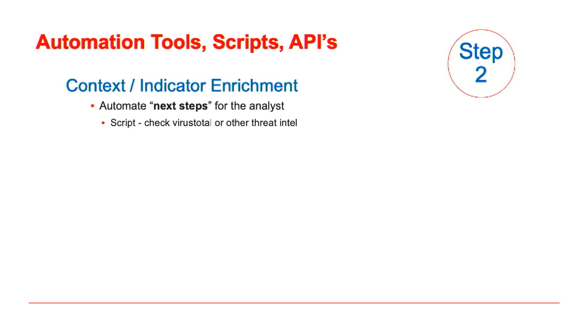So, maybe you just want to write a script that the analyst can run that goes out and checks the reputation of a URL or an IP address. And that's something that you can do real easy in scripting. That's one of my examples here. VirusTotal even has some information out on their website about how to use their API and some code. So you can go out and take a look at that and learn how to do this.